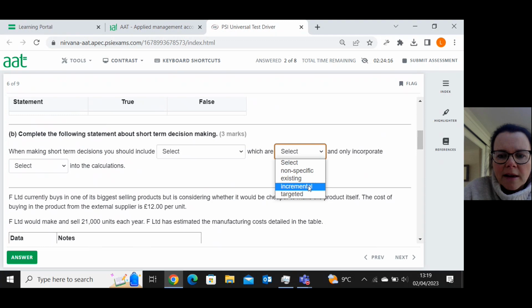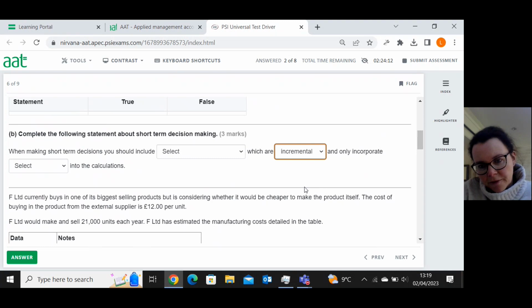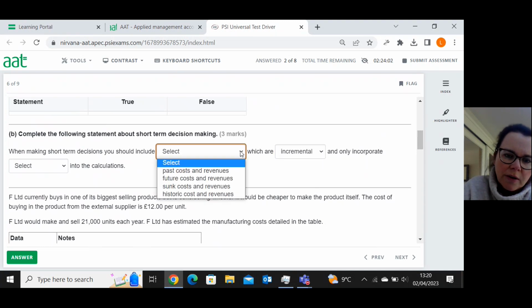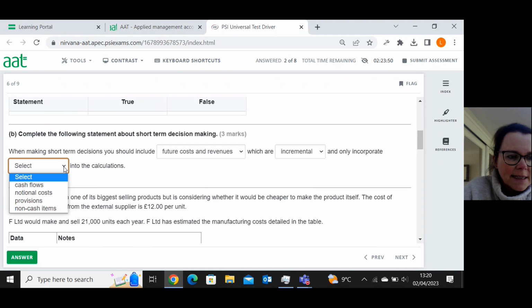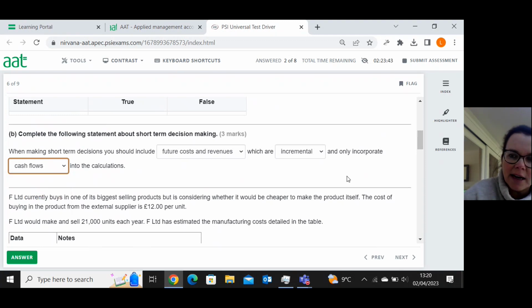I'm thinking you're looking for the incremental costs, so over and above, things that are going to be changing as a result of your decision. So future costs and revenues, which are incremental, and only incorporate cash flows into the calculations.